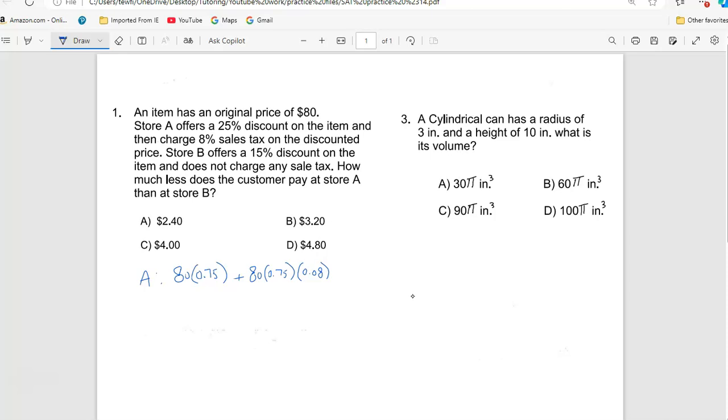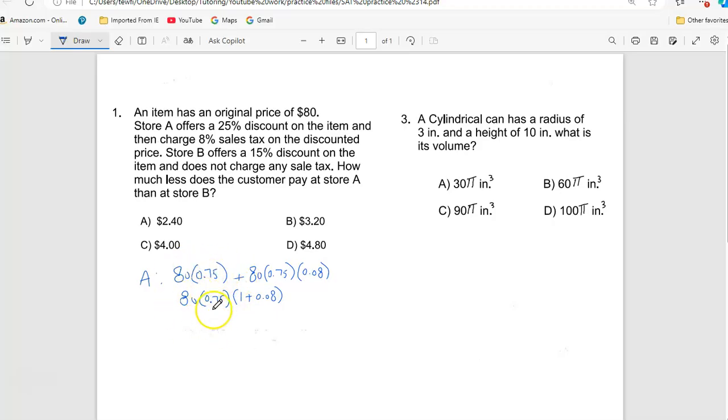If you factor out 80 multiplied by 0.75 multiplied by 1 plus 0.08. Is that correct? Because we factor out this amount from these two terms, and what's left here?